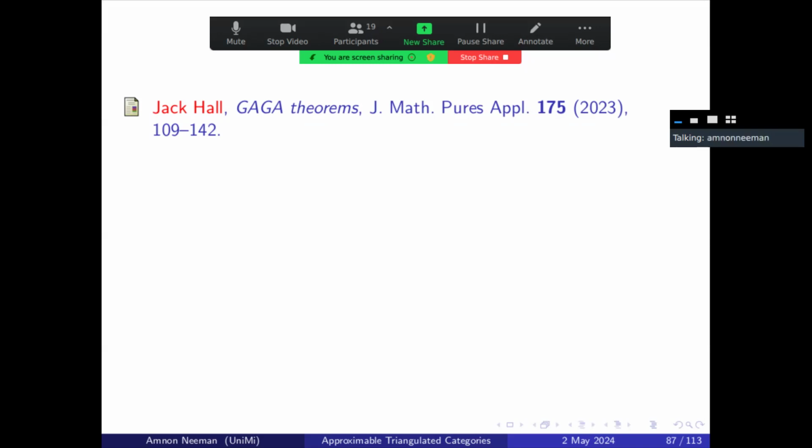So my contribution was that I proved the representability theorem that made the passage from the central idea to a complete proof of Gaga trivial. After all, Jack Hall's idea was brilliant enough that I felt it was wrong to mire it in technicalities. One should prove the right representability theorems to be able to pass directly from the idea to a proof.